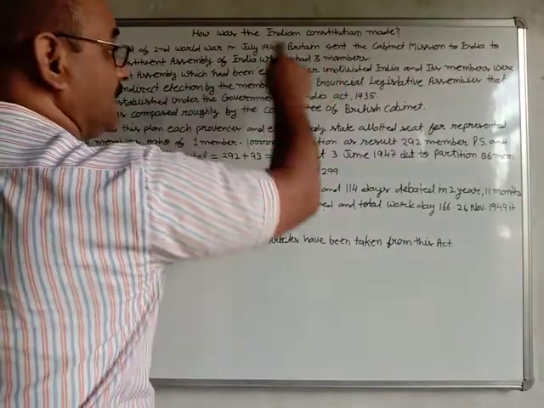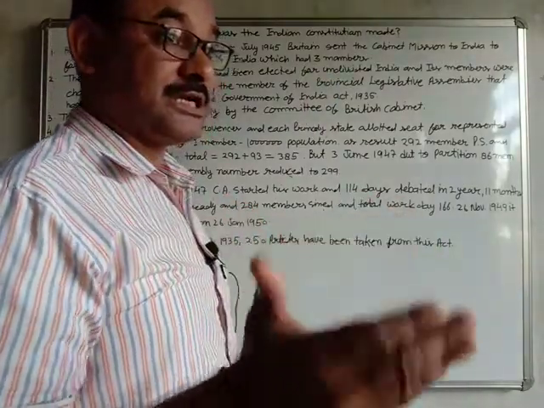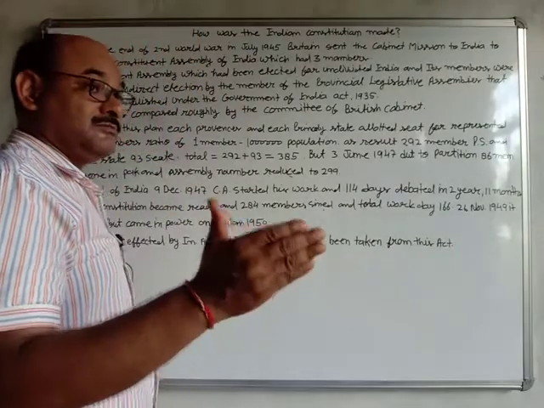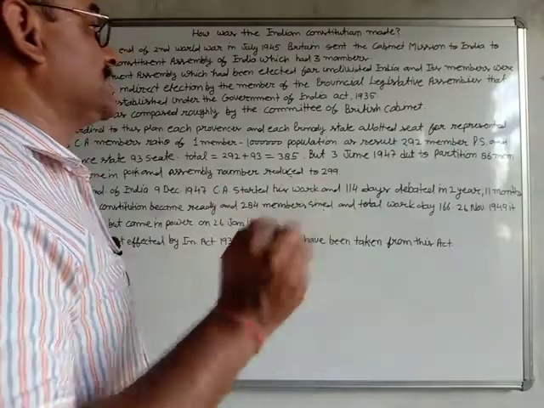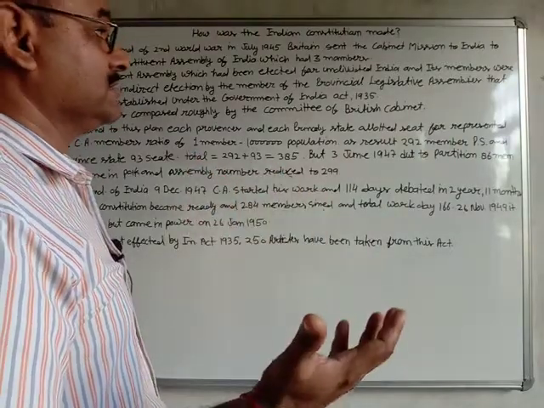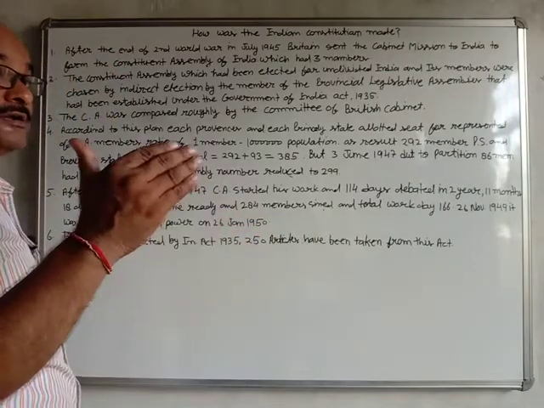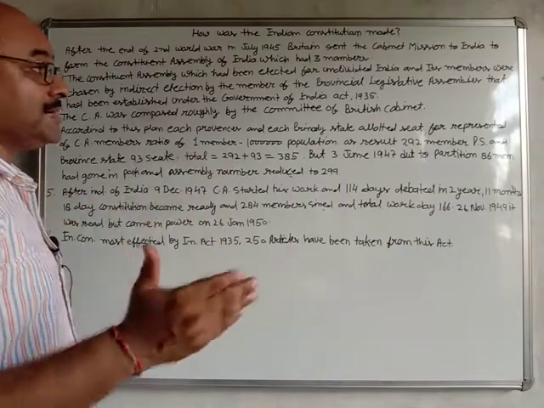Student, when British power decreased due to the World War, the British government sent the Cabinet Mission, and the Cabinet Mission was a 3-member mission. They were cabinet ministers of the British government.